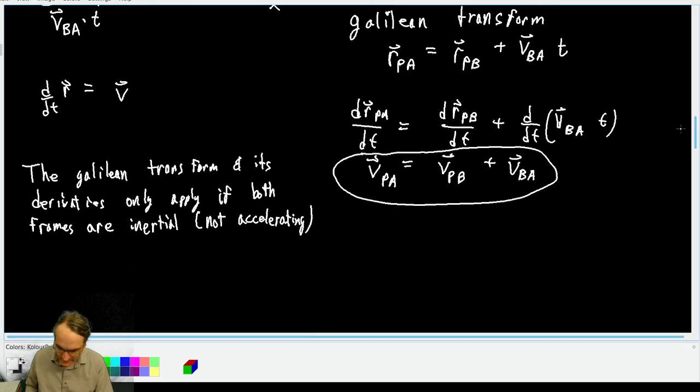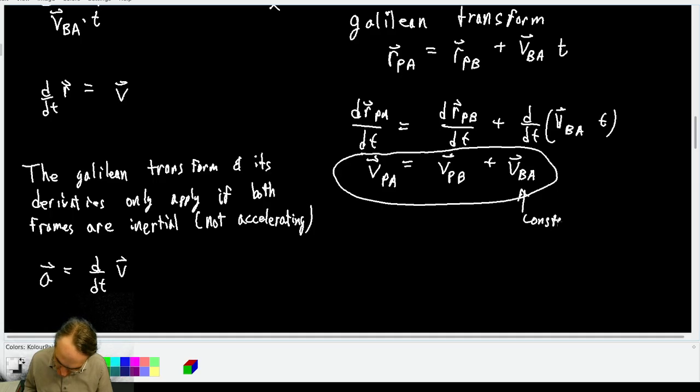All right, what happens if we take the derivative of this? What about the acceleration? Well, to get acceleration, we'll have to do d by dt of our velocity. And here, there's really nothing interesting going on. So VBA cannot accelerate.